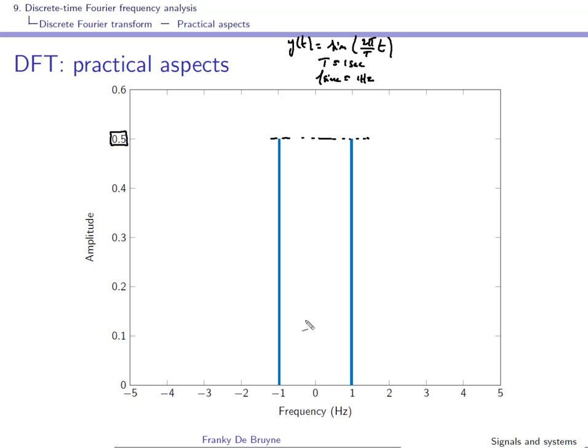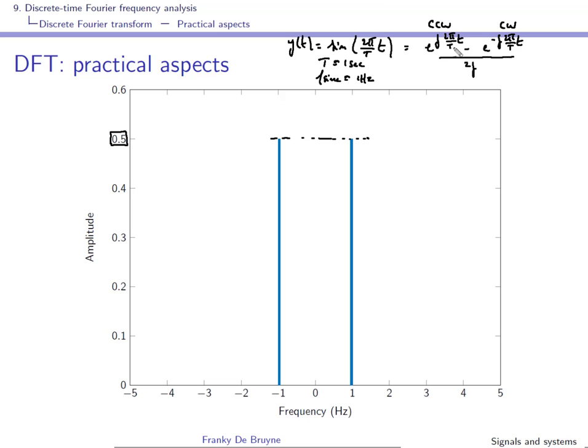Indeed, we know from the Euler identity that we can write this sine as the exponential of j 2 pi over the period T times t, minus the same exponential with a minus sign, divided by 2j. This is a phasor turning counterclockwise, and this one is turning clockwise.